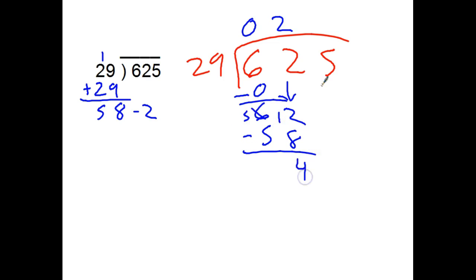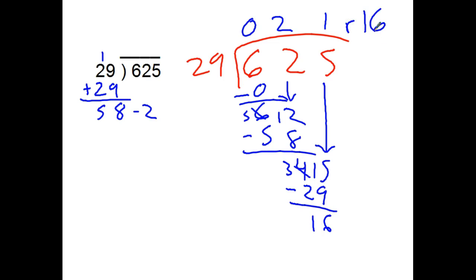Got 4 left over. Bring down the 5. How many 29s in 45? 1. When I subtract, I end up with 16. 21, remainder 16. Can I have a remainder that big? Yeah, because I'm dividing by 29.